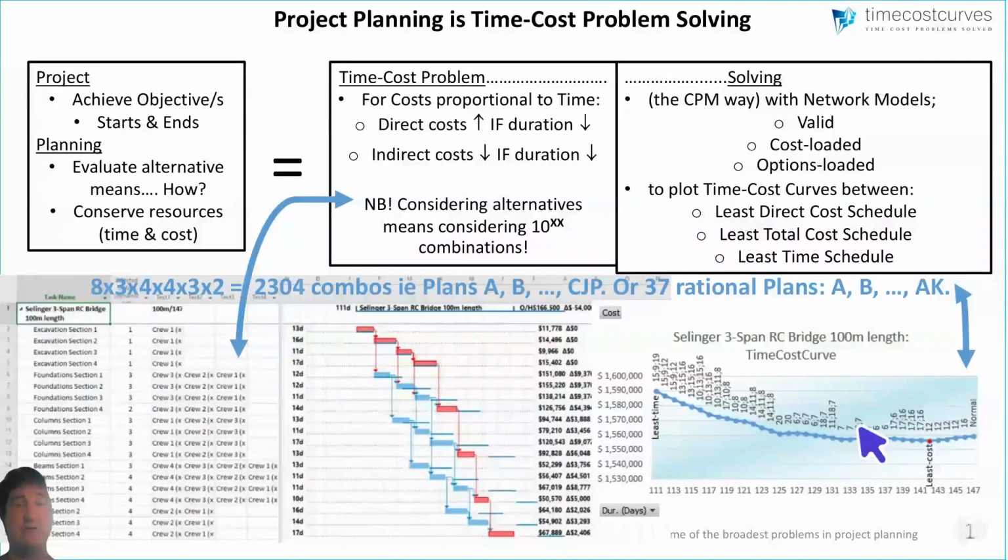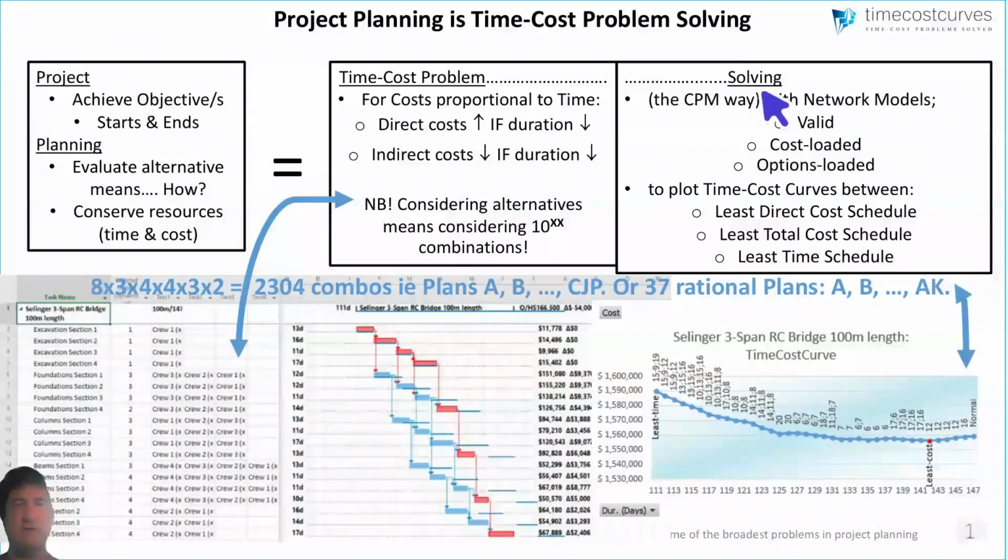And of those 37, we can then choose a baseline of what we're aiming for. So this gives all the rational plans, essentially all of these points on the graph are the 37 rational plans that you, as a rational project planner, should aim for. So that is the problem.